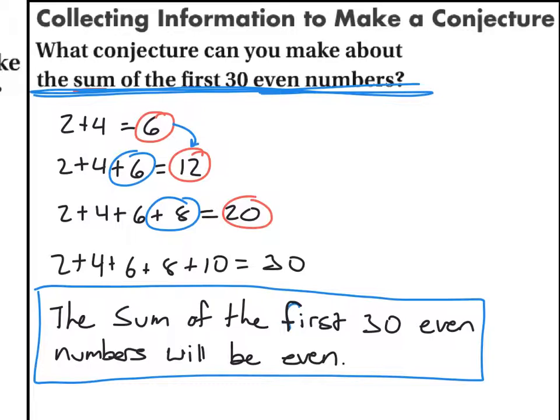But the point being is, even though this might be considered an easy conjecture to come up with, it's still a very true conjecture, and we know it because we used inductive reasoning. We looked at examples to show that, yes, if I add those together, I'm going to get an even number. Okay? And that could have been another conjecture we could add to this. Absolutely.